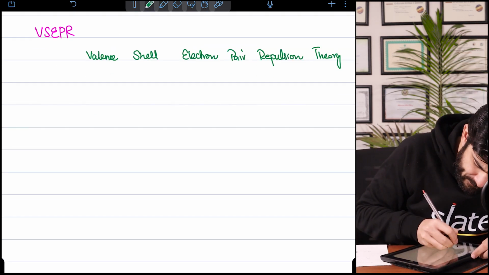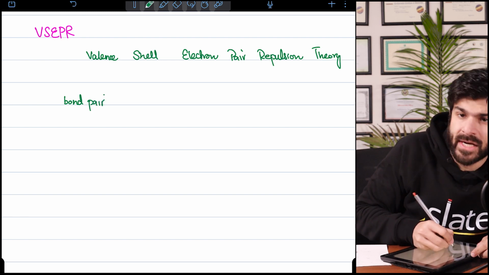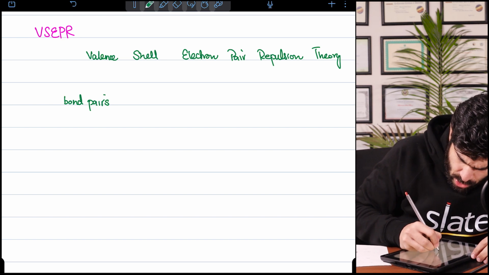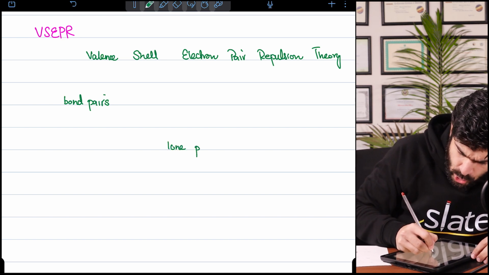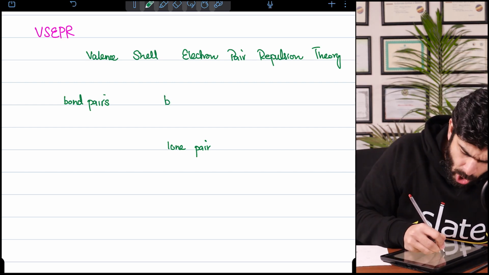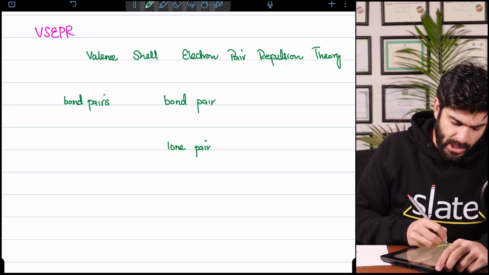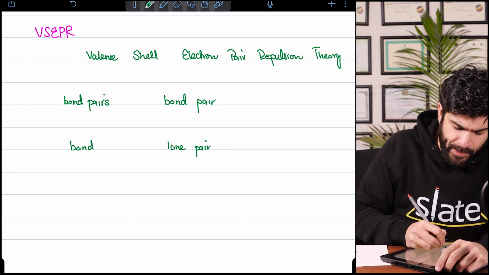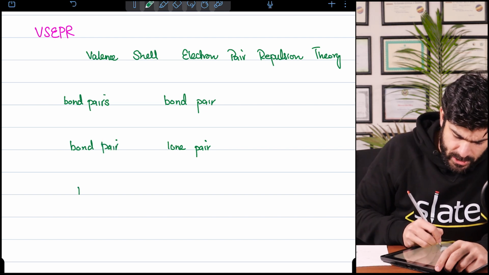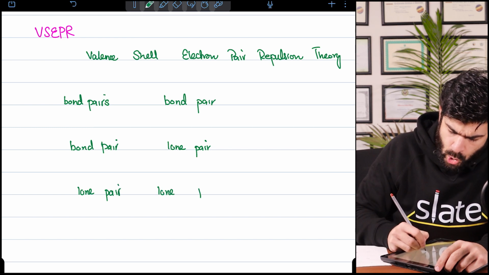So we know we have bond pairs, just simple bonded elements, and we have lone pairs. Know one thing, that there are three types of repulsions. One is bond pair repulsion. The other is bond pair and lone pair repulsion. And the last is lone pair repulsion.